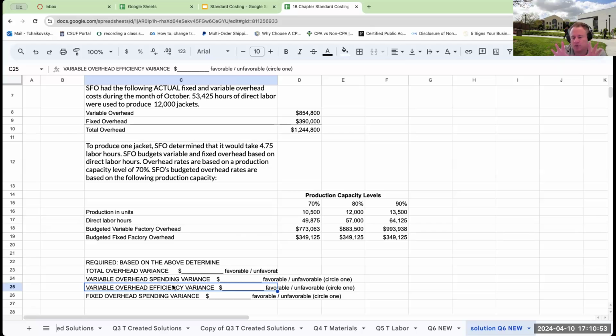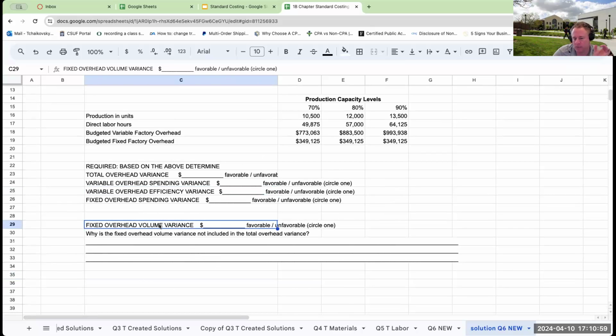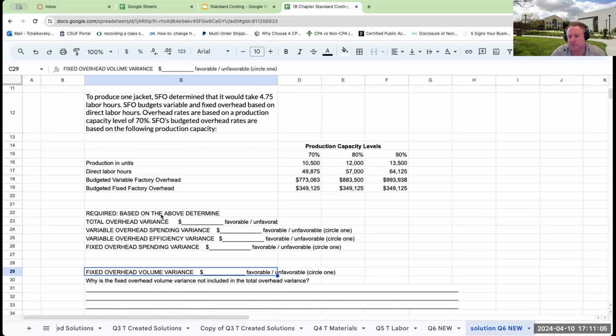Then I also look at the fixed overhead spending variance. This last part is what we call the fixed overhead volume variance. I put this separately, and on my exams I include it as extra credit. Part of the reason is that it just doesn't make sense to me, as your instructor, that it should be included with what we're doing up here.